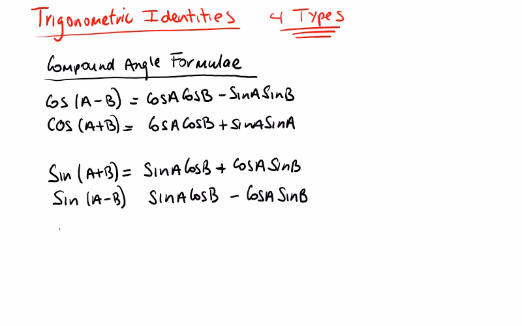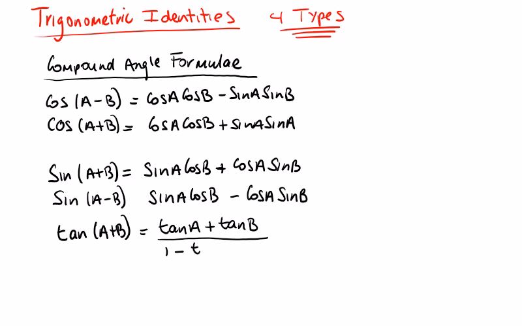We also have tan A plus B and tan A minus B. These are both fractions. Tan A plus B is tan A plus tan B, divided by 1 minus tan A multiplied by tan B. And then we have tan A minus B, and that's equal to, what would you say, tan A minus tan B on top.